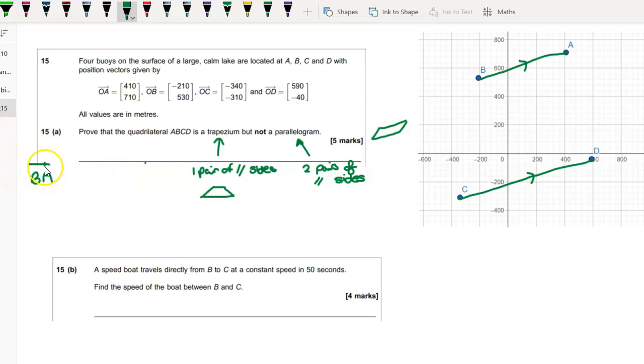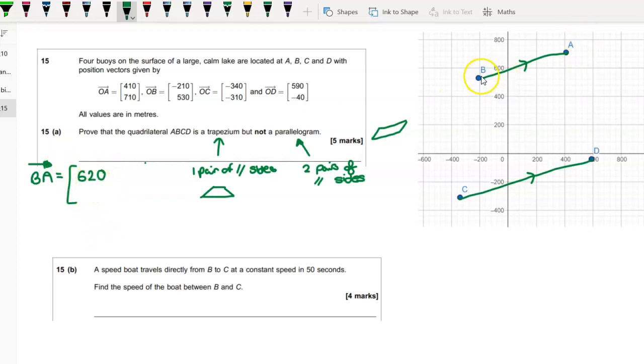Right, so the vector BA is going from B to A. So we're going from minus 210 up to 410. So that is going to be the modulus of minus 210 plus 410. So that's going to be 620.